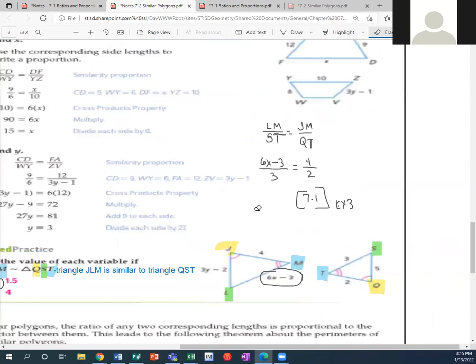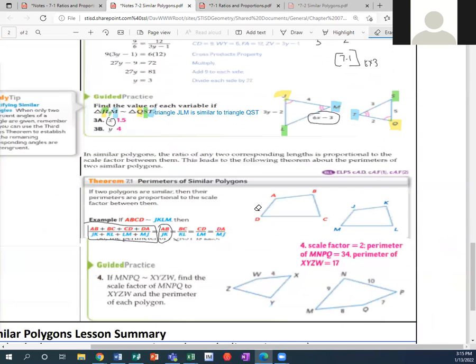Then the thing to end on is what to do when we're talking perimeters. And this is our very first theorem for the chapter. This is theorem 7.1. And it says that if you know that two polygons are similar, then the perimeters are going to be proportional to the scale factor.